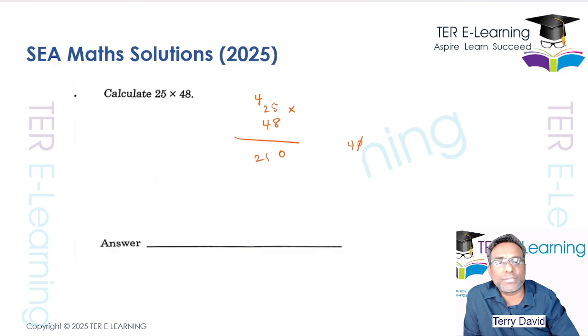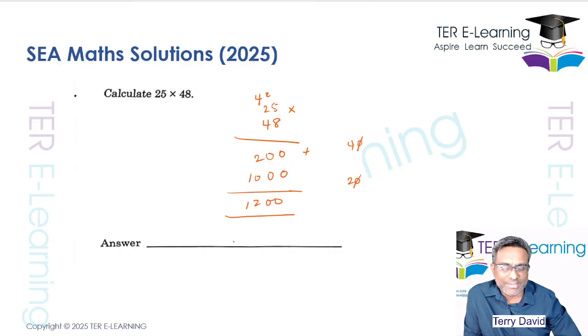So this is 20 coming here. We have to put a 0 here. Then 5 by 4 is 20. So you're going to put your 0 here, and then you're going to have to put 2 here. So 2 by 4 is 8 and 2 is 10. So when you work this out and you add this, we're going to get 1200. So that's our answer for this one, 1200.